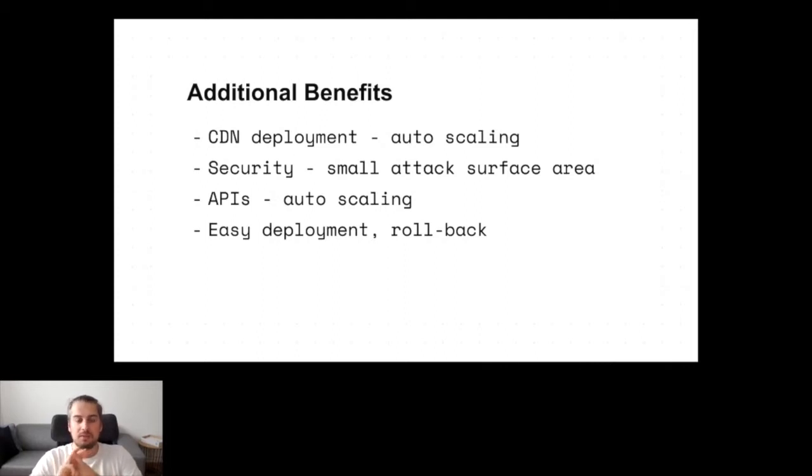So again, I don't need to worry about any of that. And it's very easy to deploy a Jamstack site. Hopefully there's going to be time for us to see how that works, and it's very easy to roll back as well. So we're going to take a look at these options throughout the demo.